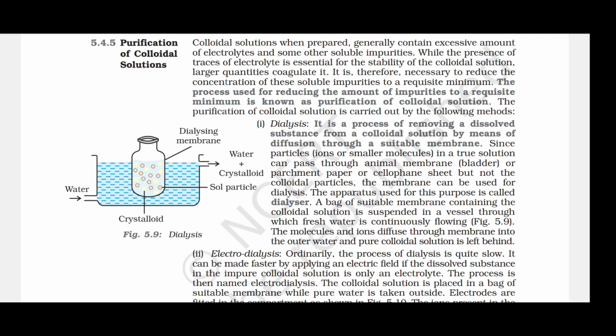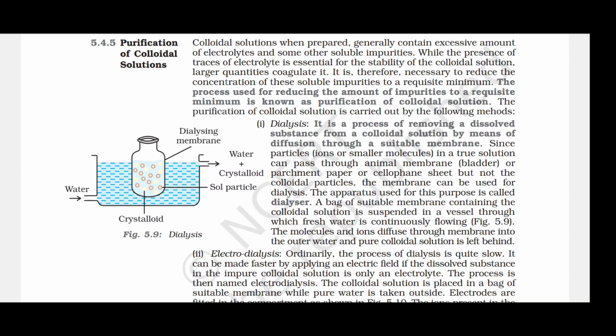The apparatus used for this purpose is called dialyzer. A bag of suitable membrane containing the colloidal solution is suspended in a vessel through which fresh water is continuously flowing. The molecules and ions diffuse through membrane into the outer water and pure colloidal solution is left behind.